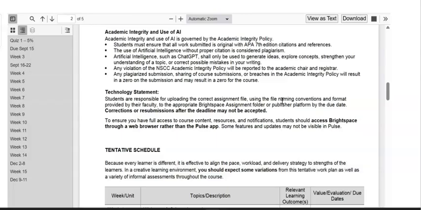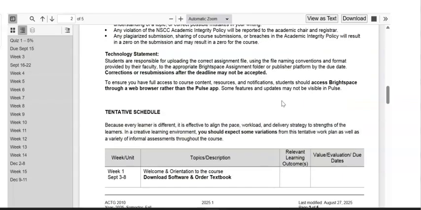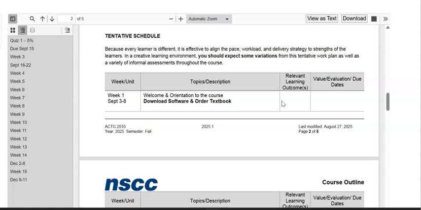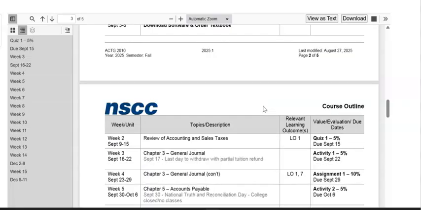Okay, so we've got academic integrity and use of AI. We've got our tentative schedule. So this week we're going to be downloading software and ordering the textbook, as well as next week you're going to be doing a review in accounting and in sales tax.